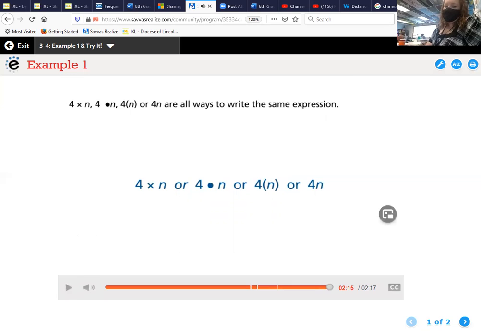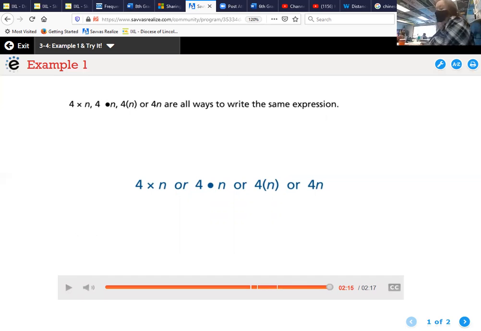They will start going away from using the traditional multiplication symbol. The reason they're going to start going away from it is because what letter does a multiplication sign look like? An X. X is a letter which could be a variable.